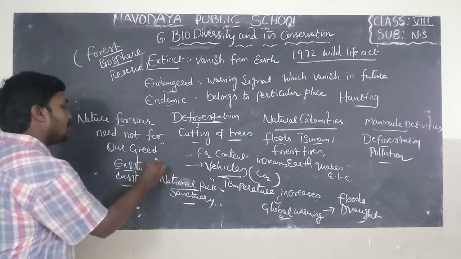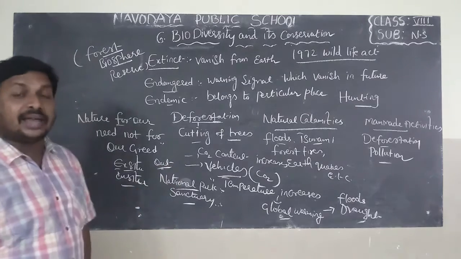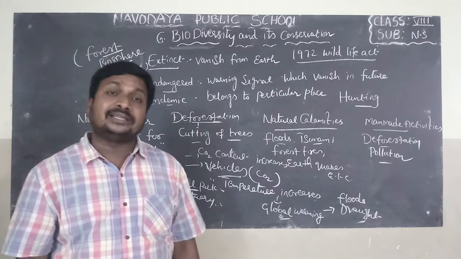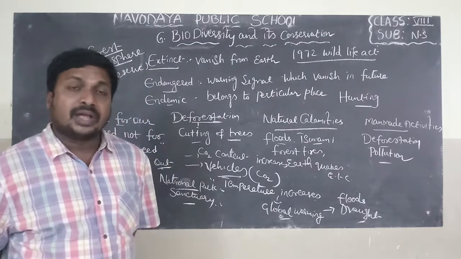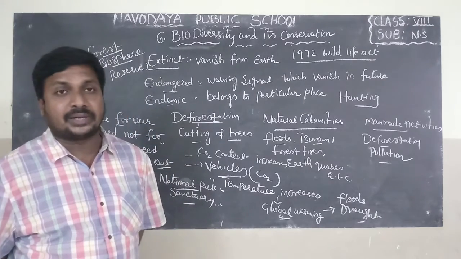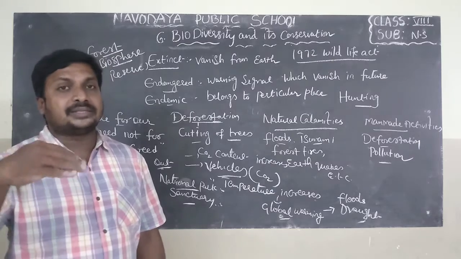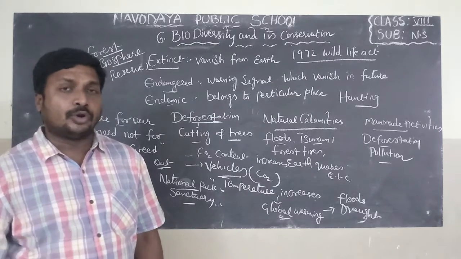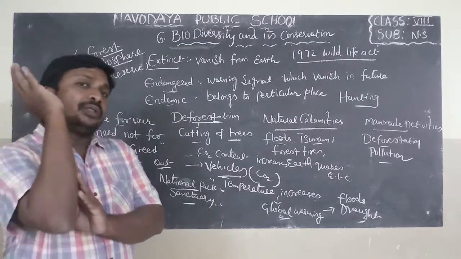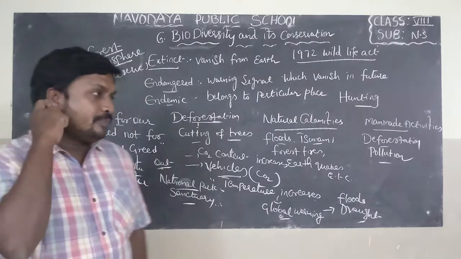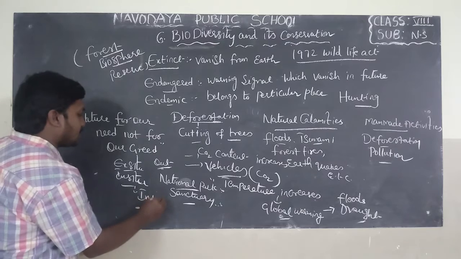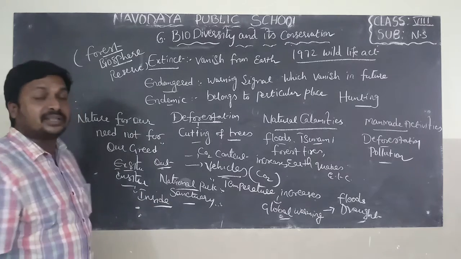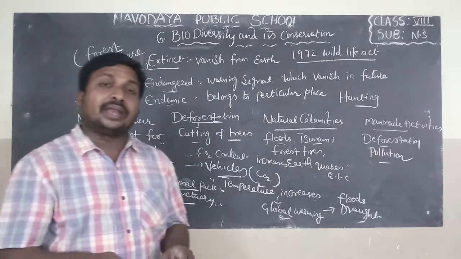Ex situ protection means taking out the endangered animals from their natural habitat, like forest, and giving protection to those animals until they increase in size and growth, and after some growth, they are released again in that place. That is called ex situ protection. In situ protection means giving protection to the animals inside the natural habitat without any disturbance.